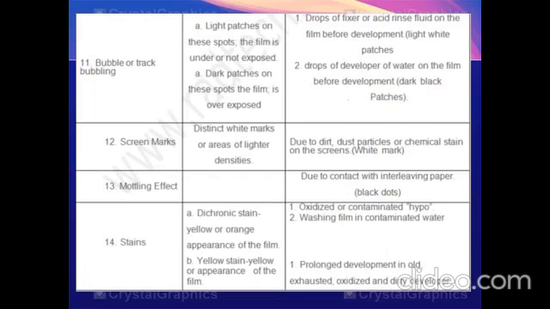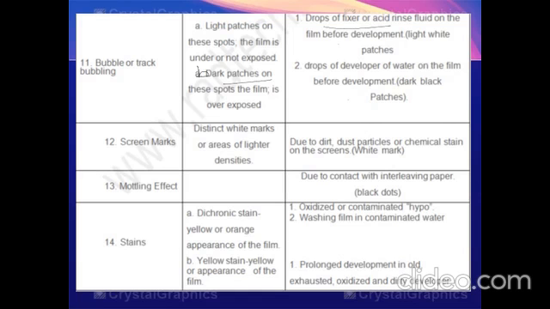Anyway, so bubble or track bubbling, light patches on these spots, the film is under or not exposed. So under or not exposed appears dark patches. So this is na letter B. So pwedeng because of a fixer na talsik before development.